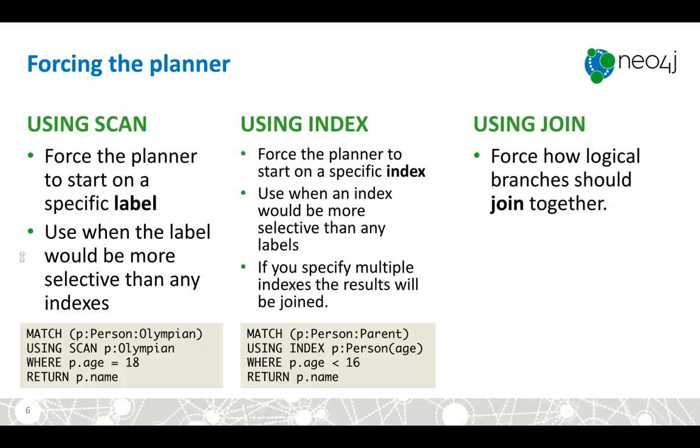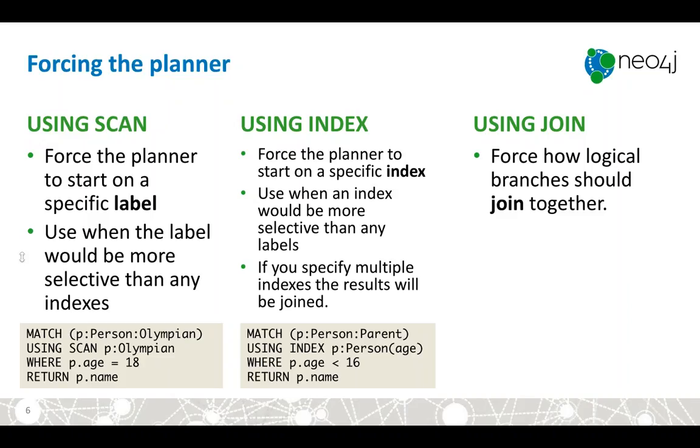So we know that there are going to be fewer Olympians than there are people age 18, and that will remain true. So if the planner is not using the Olympian label to begin the query, it should be, because there are 5,000 Olympians in the United States, and there are 5 million people age 18 in the United States.